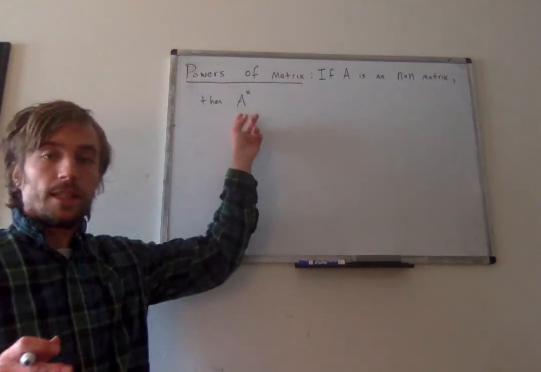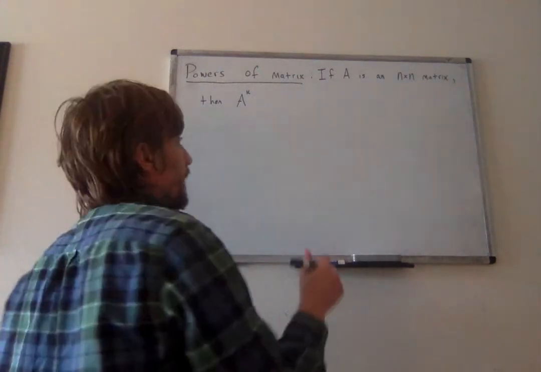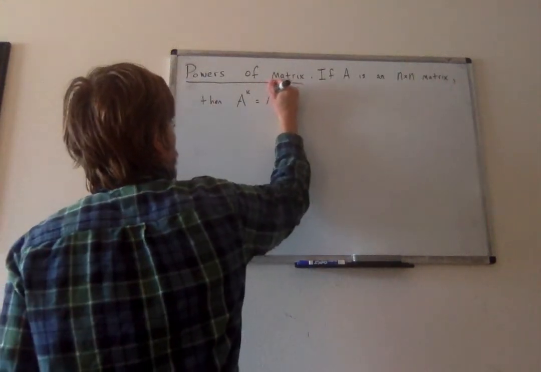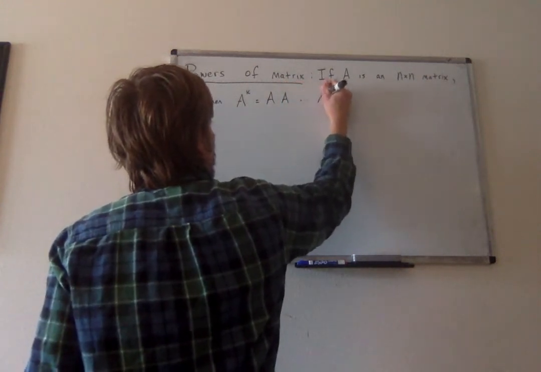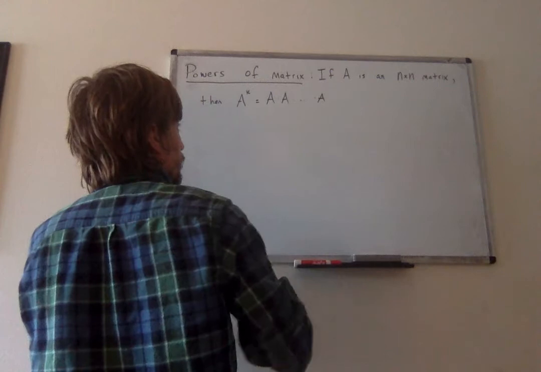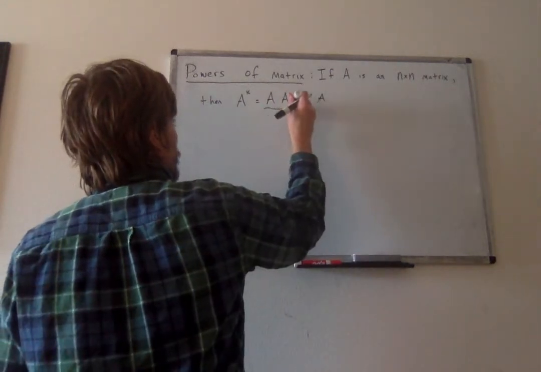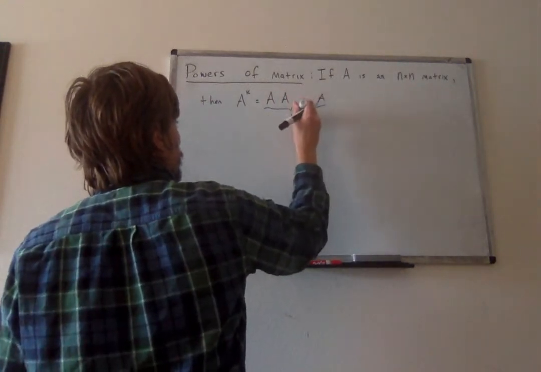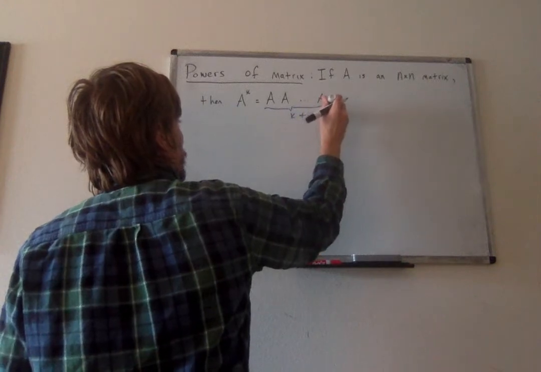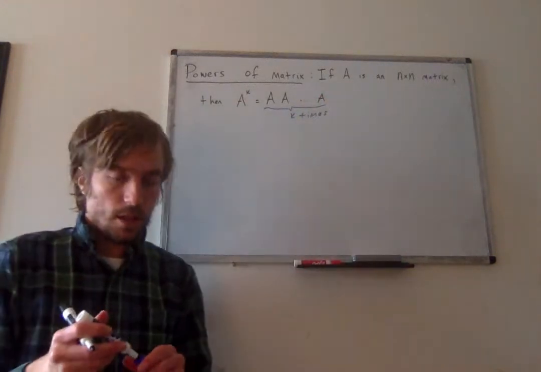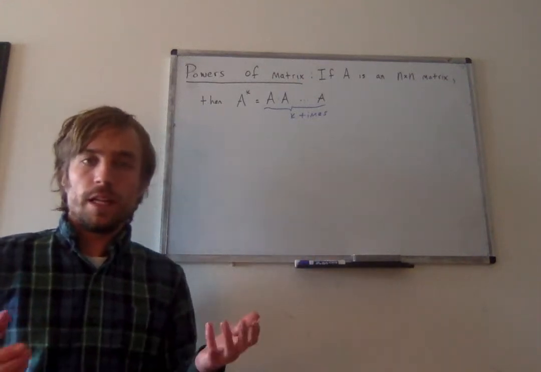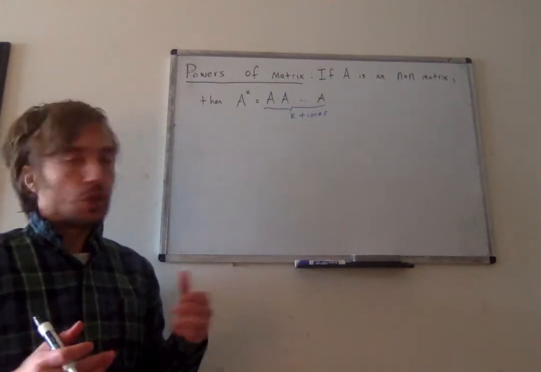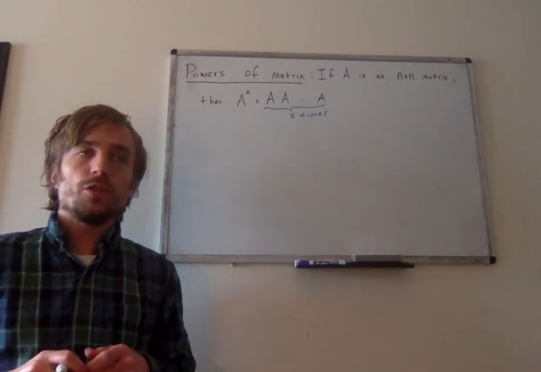But here k is a number. And so if A is an n by n matrix, then A to the k is just equal to A times itself, k times. And so it's defined basically exactly how powers are defined normally, just with regular numbers, except here we're doing it with matrices.